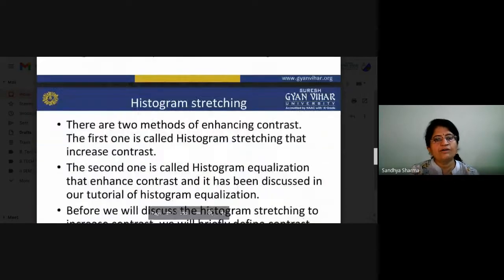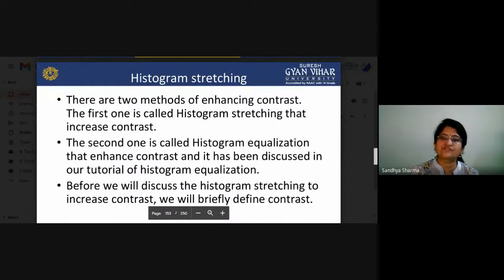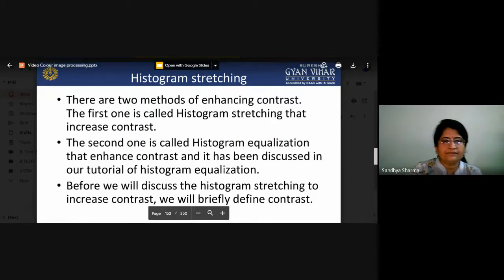Now another method is histogram stretching. The first one is histogram sliding and the second one is histogram stretching. There are two methods of enhancing the contrast. The first one is called histogram stretching, which increases the contrast, and the second one is called histogram equalization, which also enhances the contrast, and it will be discussed in a further part.